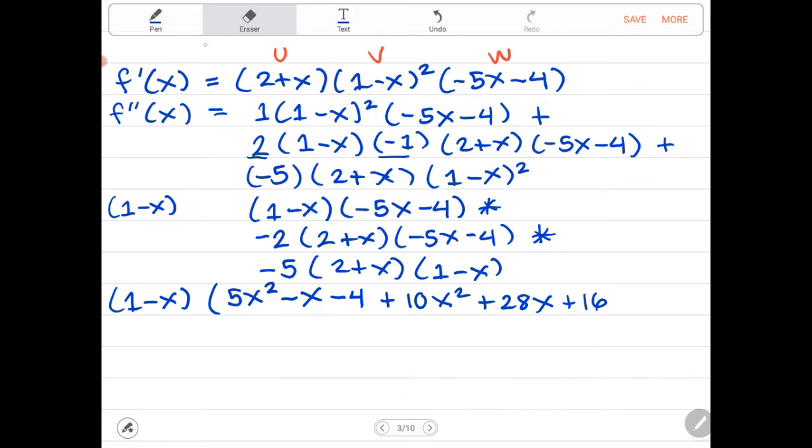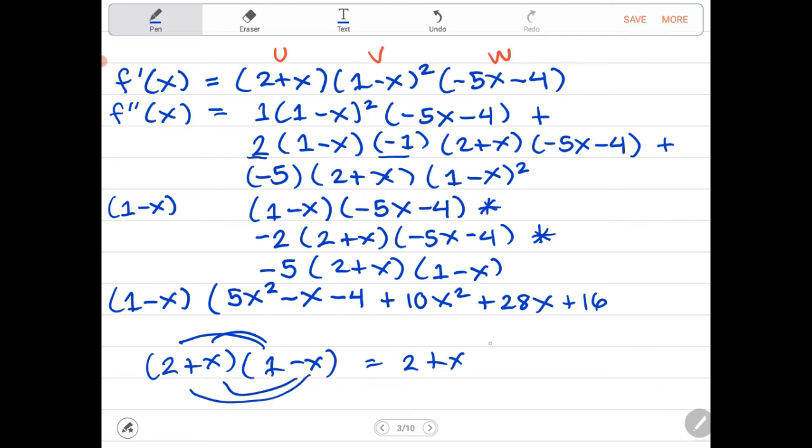Last one, for the third. 2 plus x times 1 minus x. That is equal to 2 plus x minus 2x minus x squared. So, this one will become negative x squared minus x plus 2.